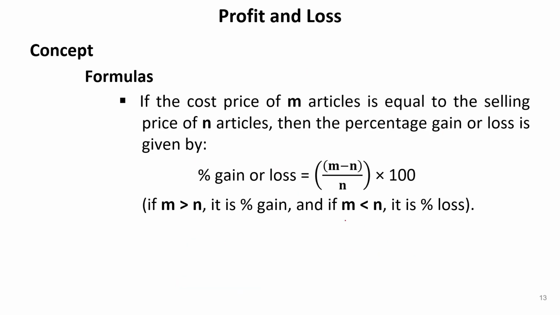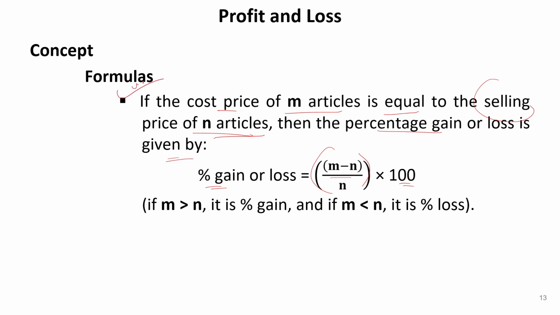Okay. So if the cost price of M articles is equal to the selling price of N articles, then the percentage gain or loss is given by (M minus N) whole by N into 100.